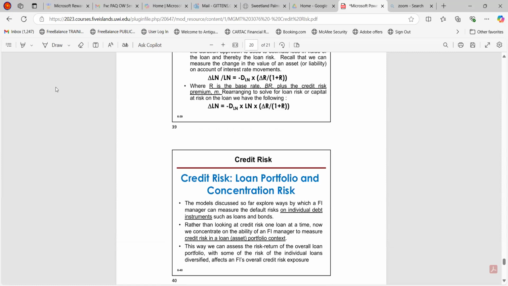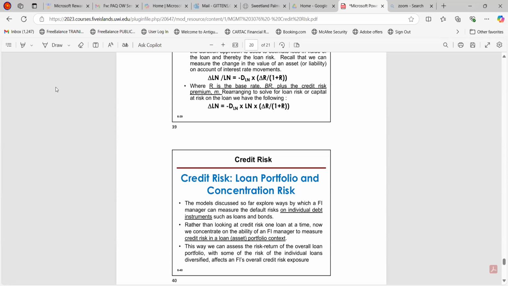Loan portfolio and concentration risk utilizes the concept of portfolio management. The models that we looked at before looked at how the financial institution can measure the default risk on individual instruments, whether it's a loan or a bond.